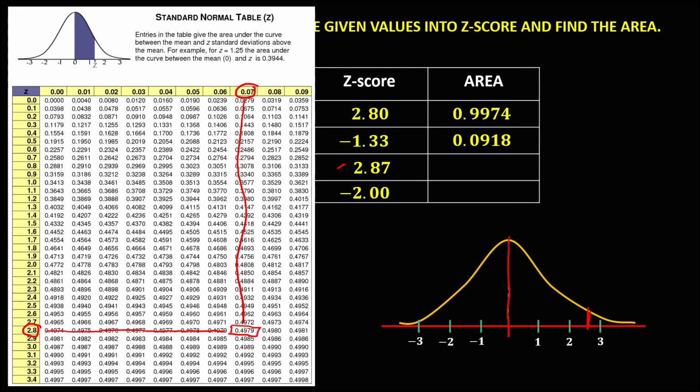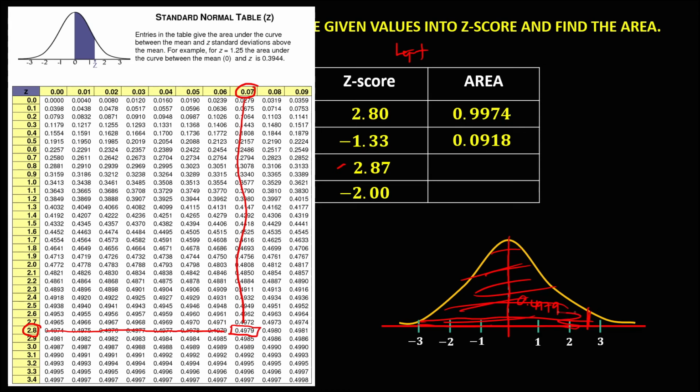So the area is 0.4979. So this is 0.4979. Then again, we're looking for the area to the left. So this is now the unknown area to the left.